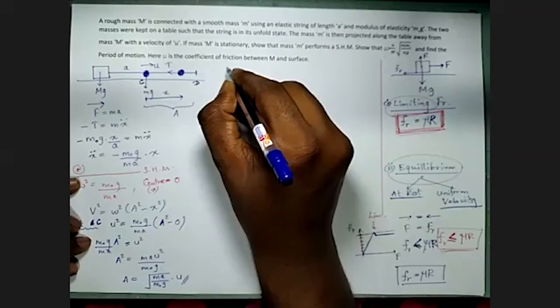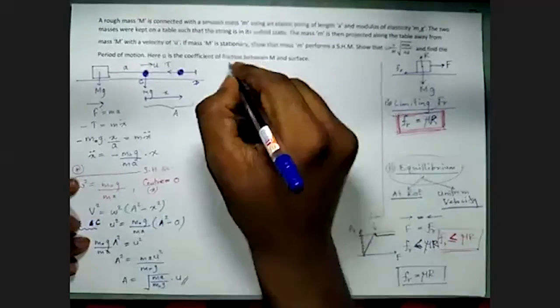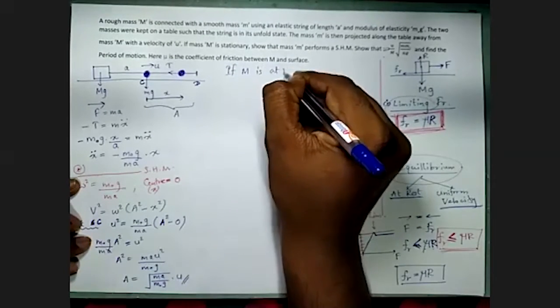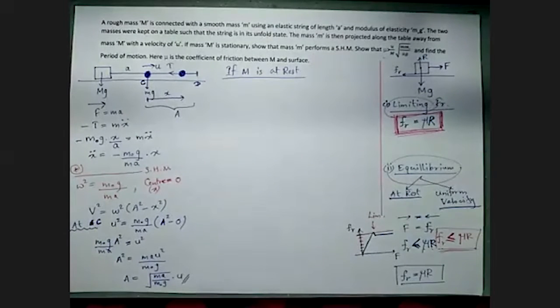We can say mass M is stationary, at rest. If M is at rest, means it is in equilibrium. Can you see?